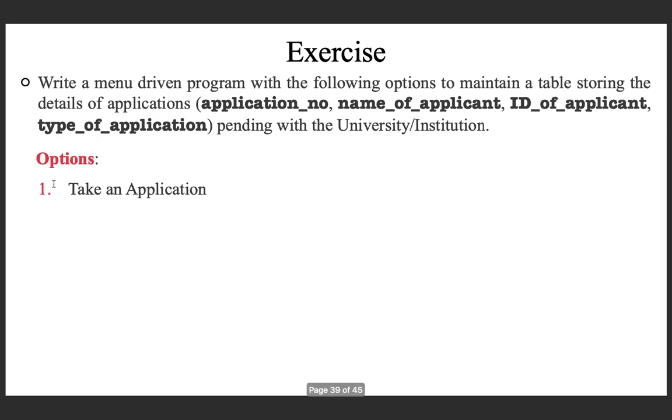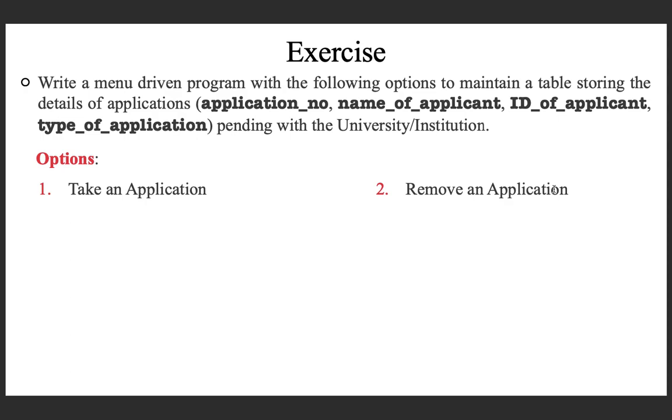And the options are: one is take an application. The moment a student submits an application, this option can be used to record the required details to the table. Then option 2, to remove an application. Suppose the student submitted an application for course and contact certificate and the institution has issued it.